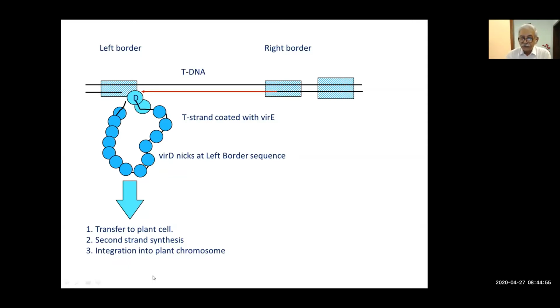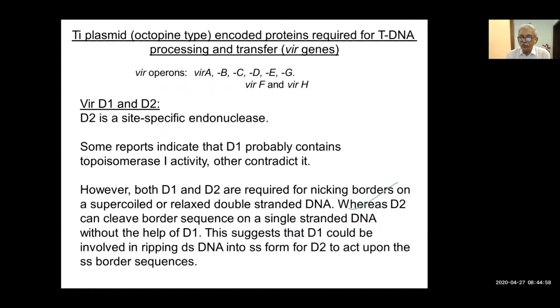So the virulence region contains some very important Vir genes: Vir-A, Vir-B, Vir-C. I hope you know that Vir-A and Vir-B we have not talked about. We have talked about Vir-C.